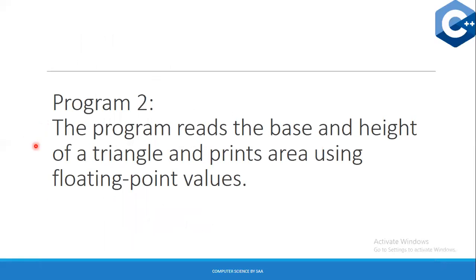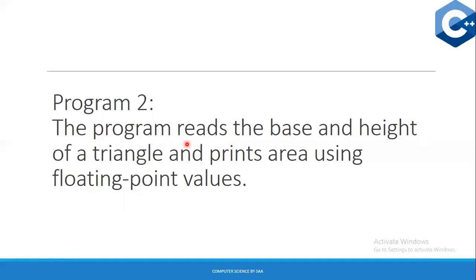Here is another example from your book. We have to write a program that reads the base and height of a triangle and prints its area using floating point values. Here, first of all, understand the requirements.